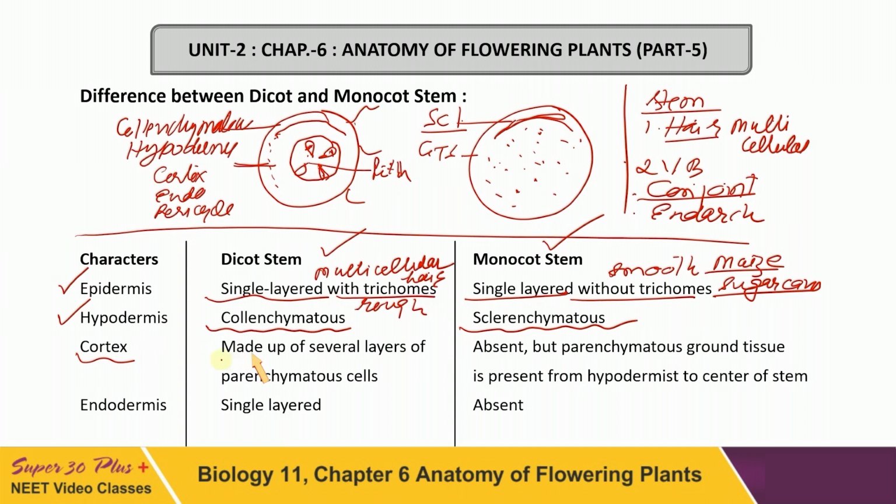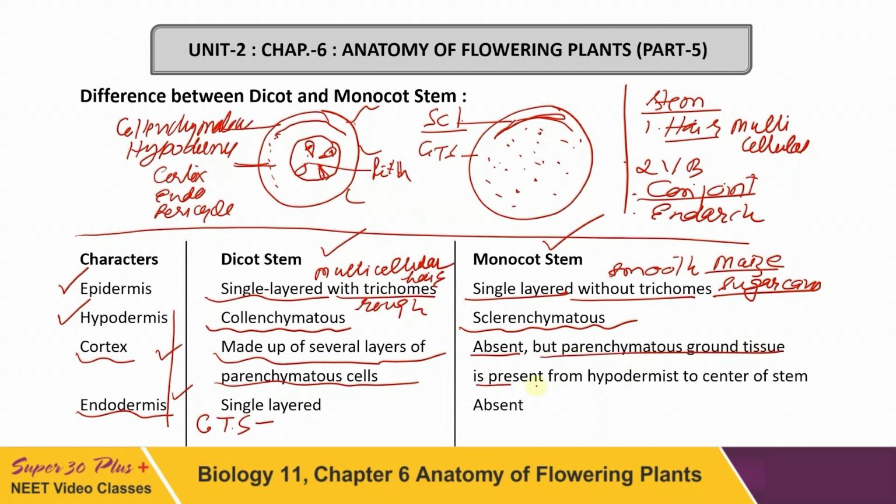Cortex is made up of several layers of parenchymatous cells, and endodermis is there. What we mean by that is that below the hypodermis, the ground tissue system is differentiated. It has hypodermis, cortex, endodermis and pericycle, while in this case the cortex is absent.